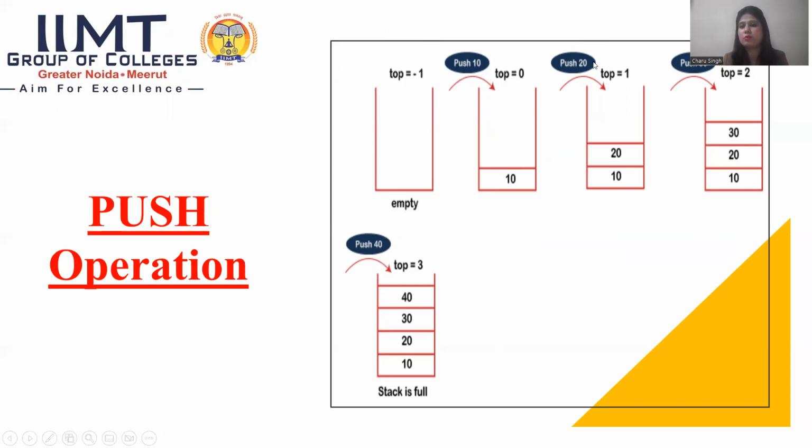Again, if I push element 20 in my stack, my top is incremented by 1, and here my top will be 1. Next, if I push another element, 30, then top will be 2. And if I push 40, that means my stack is full, because my top is 3 after inserting the element 40.